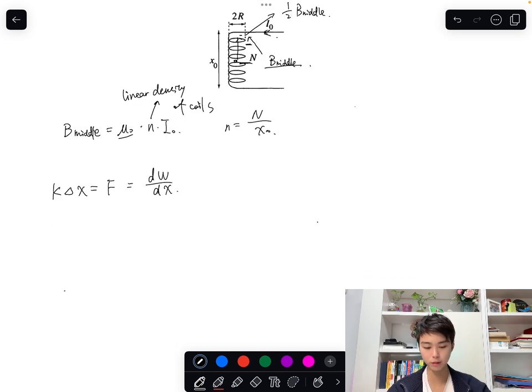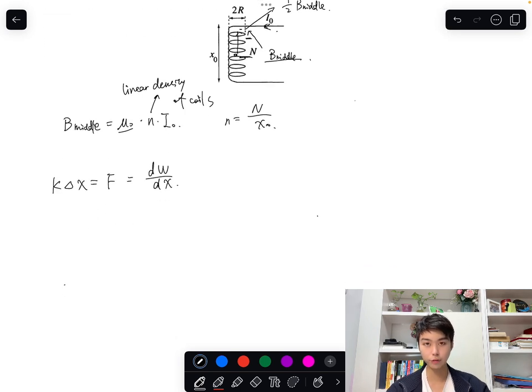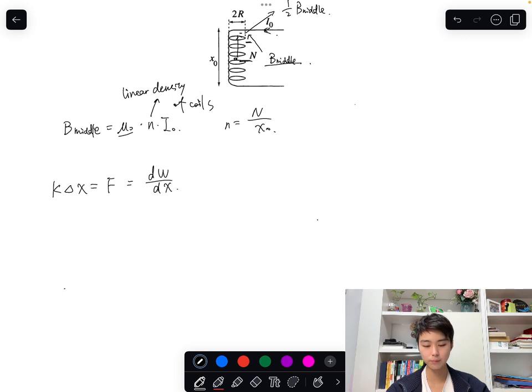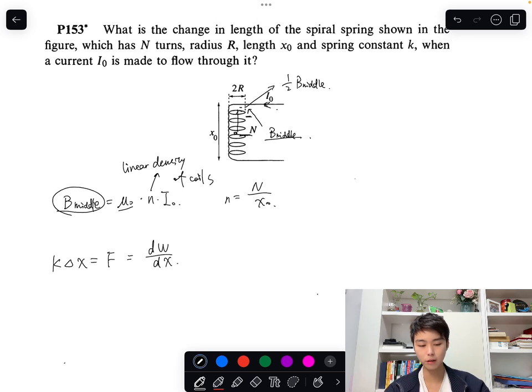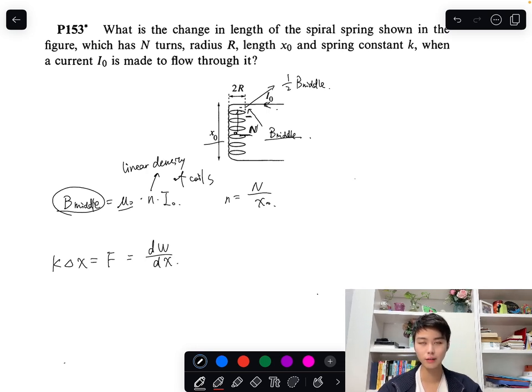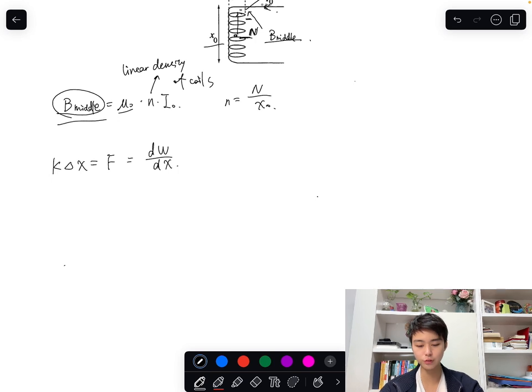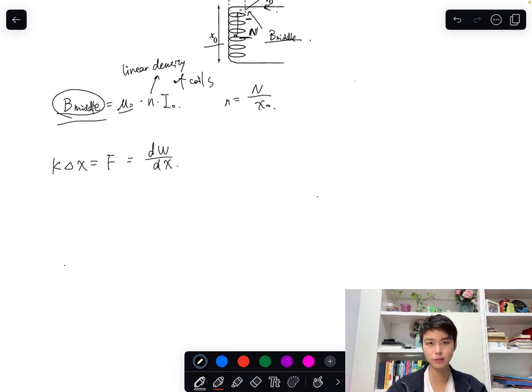Okay, so now we're going to find out the total energy, because we can assume that x0 and n are big enough to let us neglect the open-end effect. So we just use this value as the overall value.